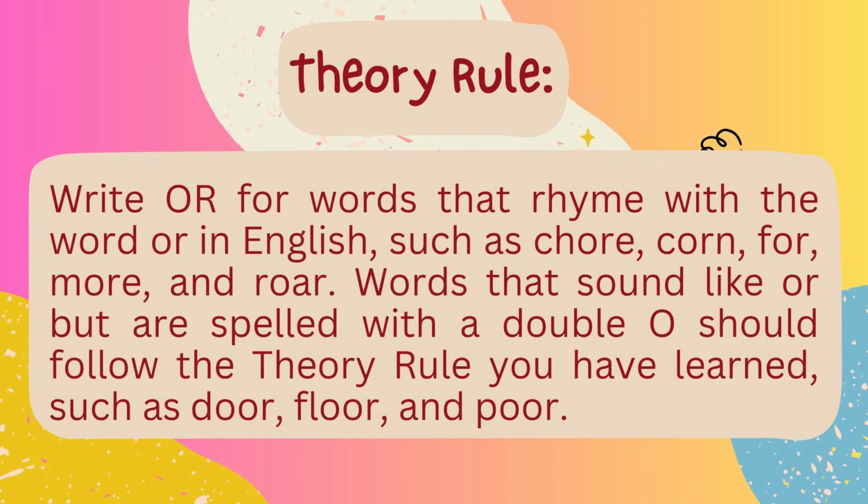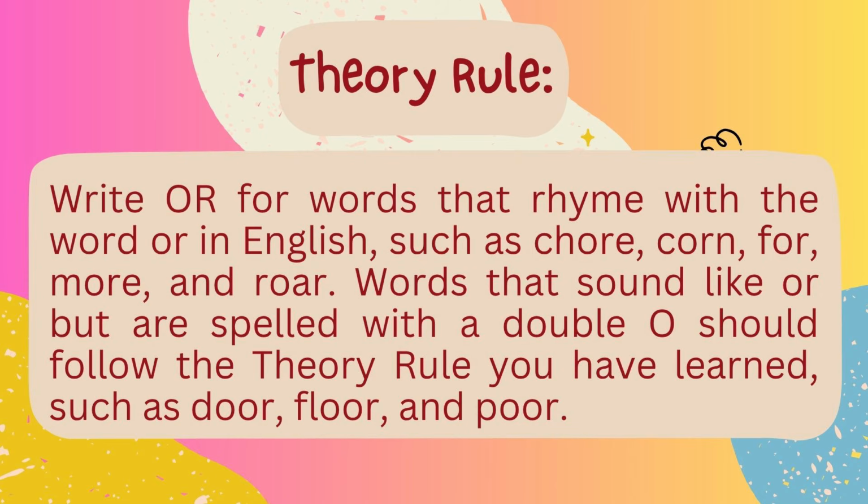Write vowel O and R, or OR, for words that rhyme with the word or in English, such as chore, corn, for, more, and roar. Words that sound like or but are spelled with a double O should follow the theory rule you have learned, such as door, floor, and pour.